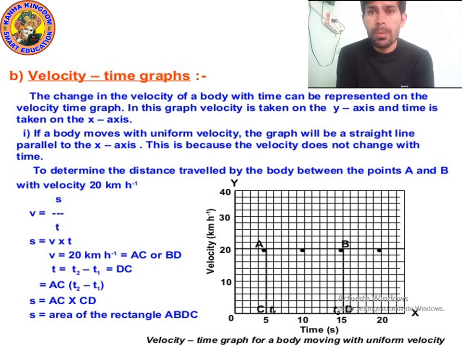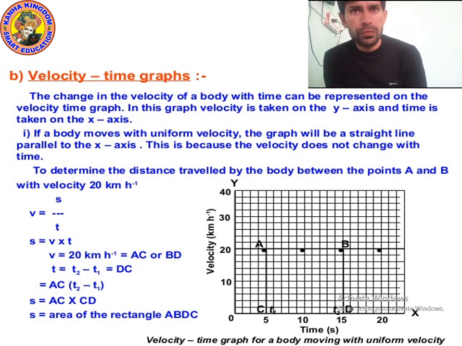If the velocity of a body changes from an initial value u to a final value v, then a is equal to v minus u upon t. The SI unit of acceleration is meter per second square, or meter second square inverse.